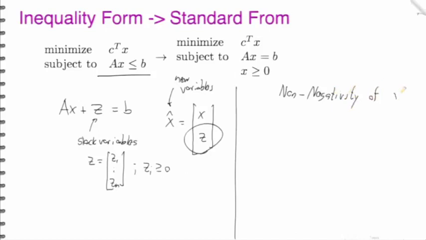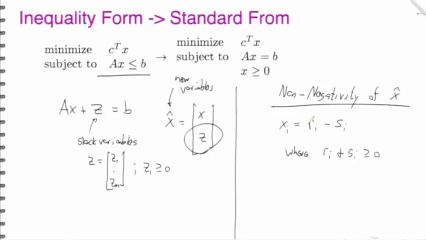Non-negativity, and let's say I have the new variable of x hat. Okay, so I'm going to do a trick. I'm going to say xi is equal to some variable ri minus si, where ri and si are greater than or equal to 0. The nice thing is that I can produce a negative value with two non-negative variables.